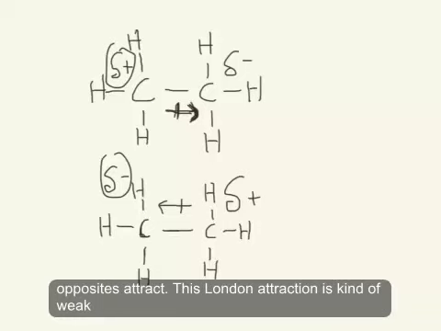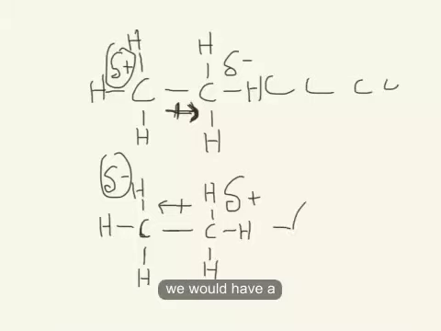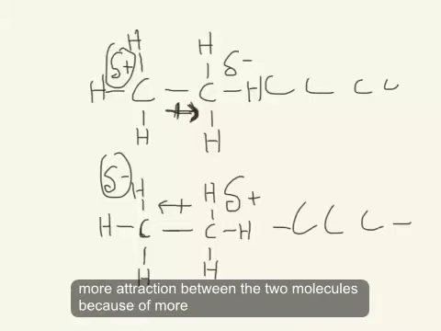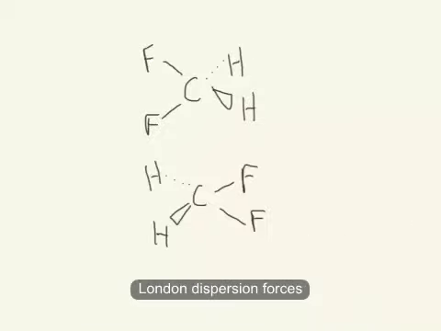So this London attraction is weak, but the bigger a molecule is, the stronger the London forces are going to be. So if this was a long chain, we would have more attraction between the two molecules because of more London dispersion forces.